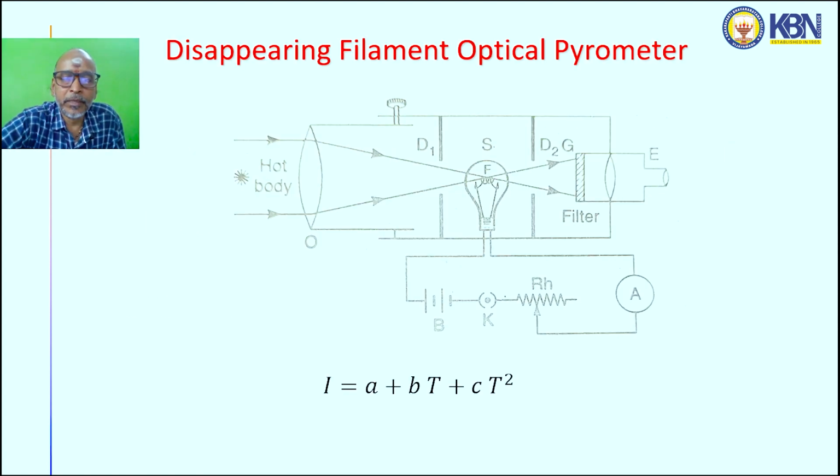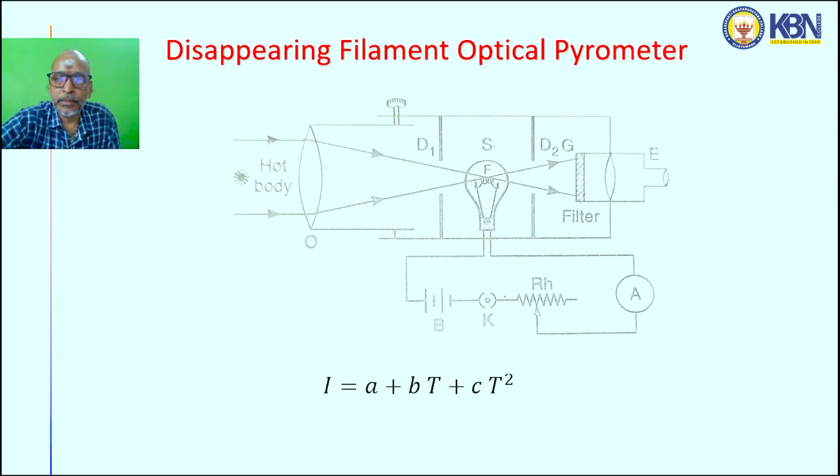One of the optical pyrometers is the filament optical pyrometer. This apparatus is useful to calculate temperatures up to 1500 degrees C, and by using a rotating sector we can extend the temperature range. Briefly, the disappearing filament optical pyrometer is a telescope with two parts, the objective lens and, on the eye side, the eyepiece.